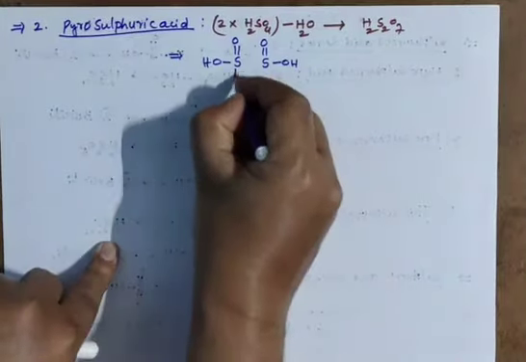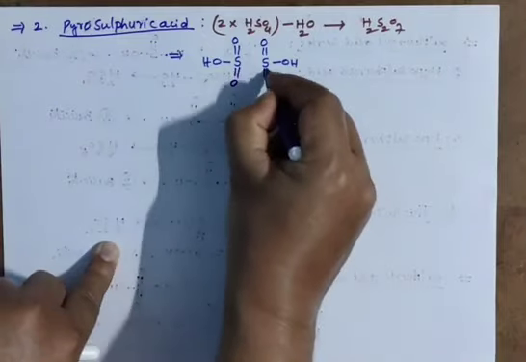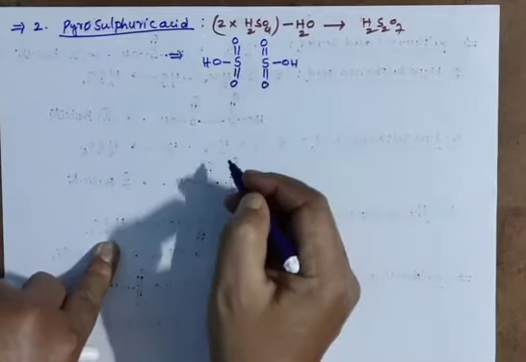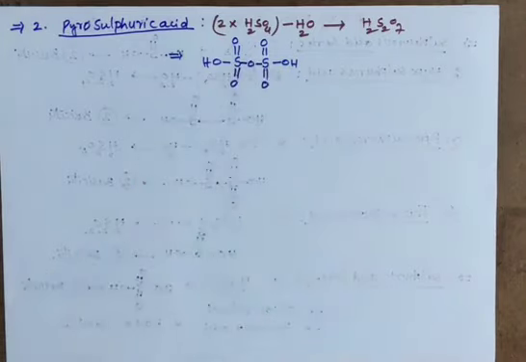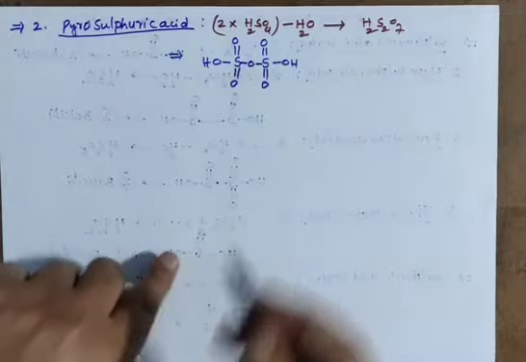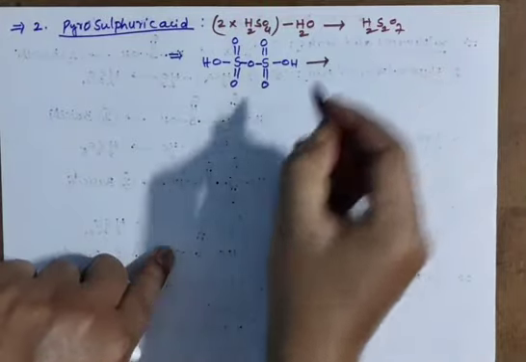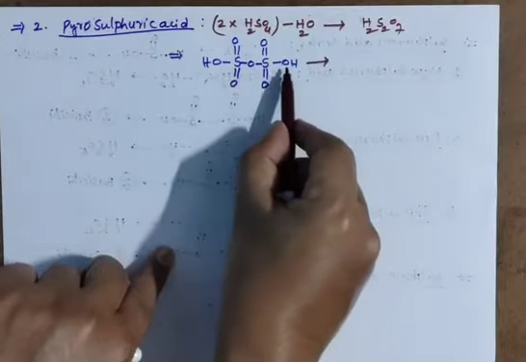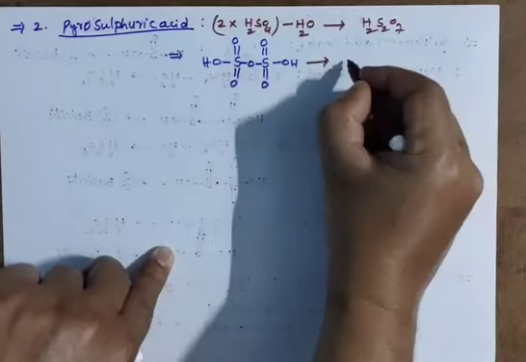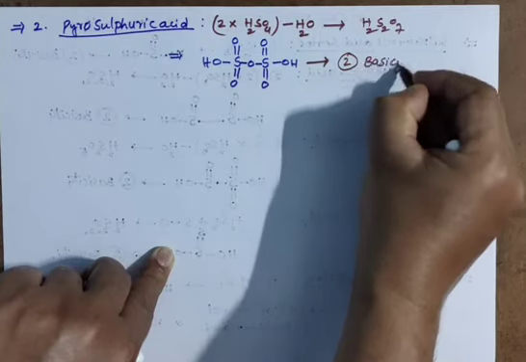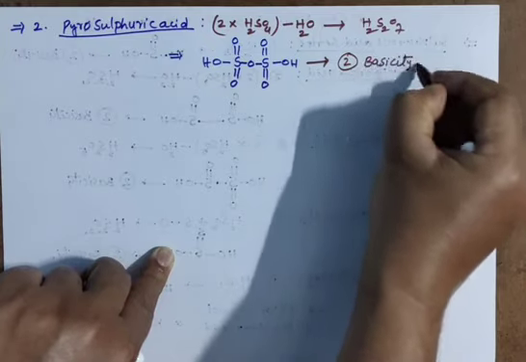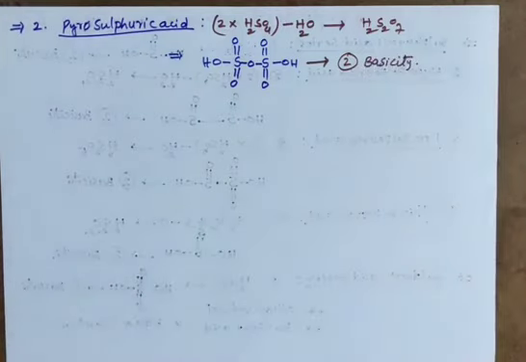So we can write here one O, here one O, and one more oxygen is there between 2 sulfurs. Now how many OH groups are there? 1, 2. So 2 is the basicity of this disulfuric acid. So if you know the structure, then easy.